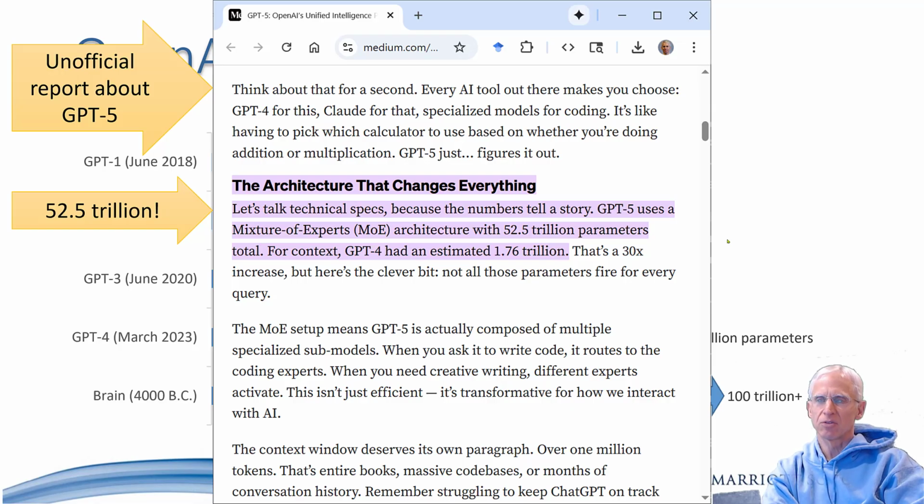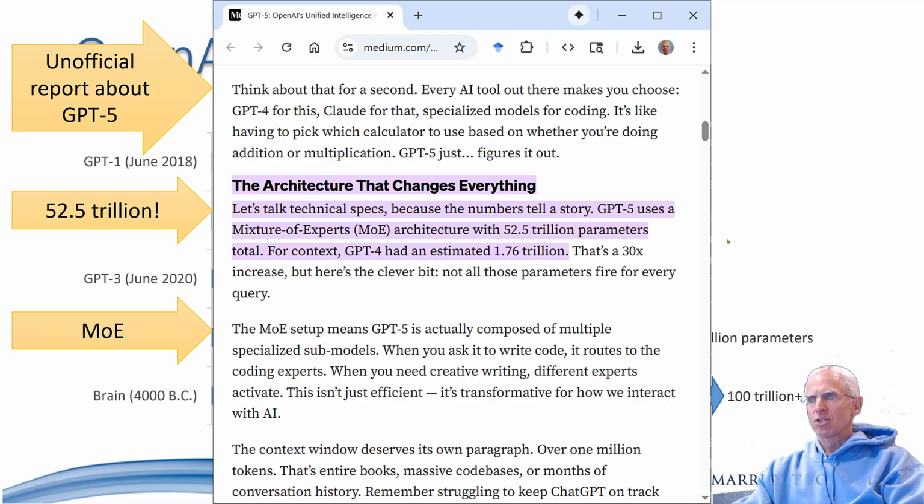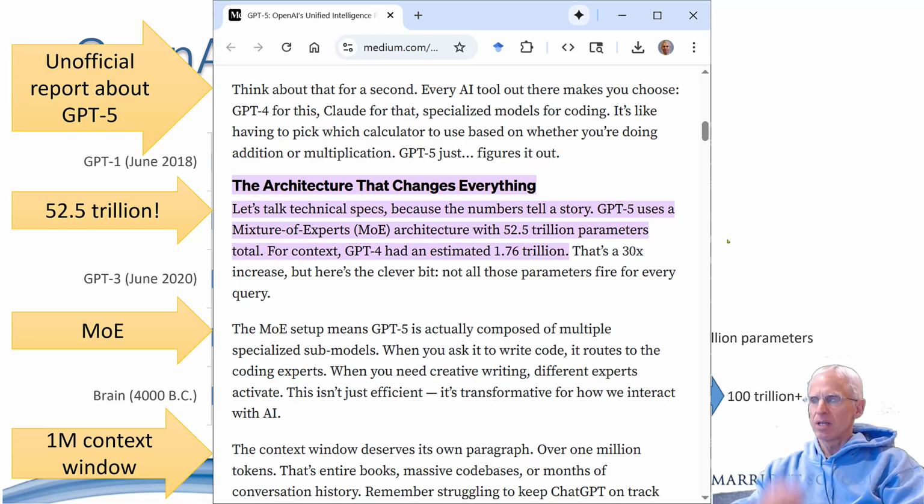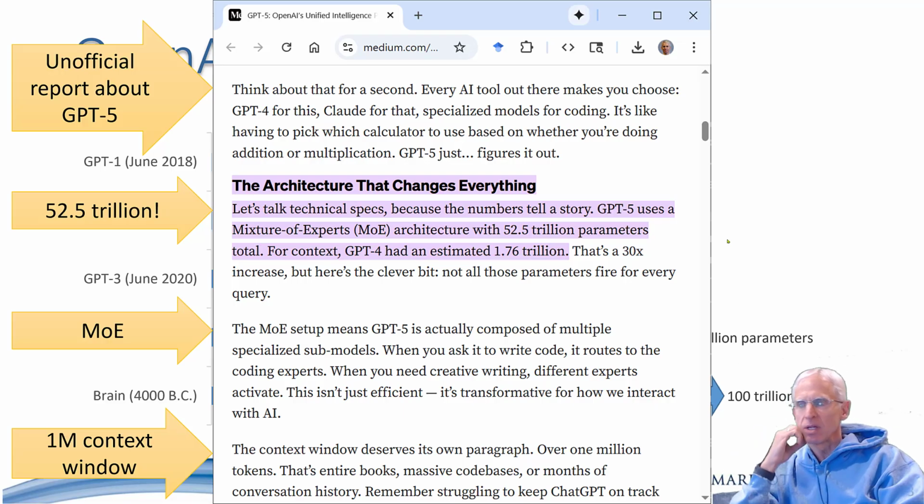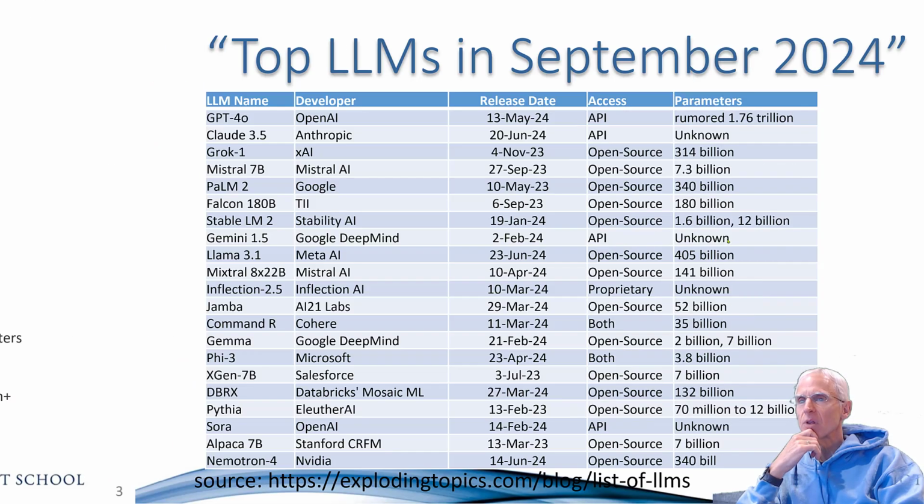Mixture of experts is very nice because it allows us to divide up the work into smaller submodels. It also has a 1 million token context window, and we'll talk later today about context windows, how that matters, and why we should care about it.